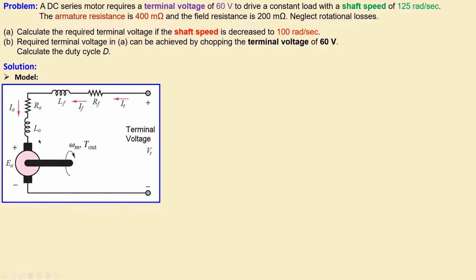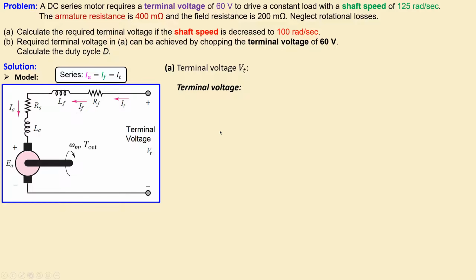Now, since this is a series DC motor, the armature current is equal to the field current, which is equal to the terminal current. That's the condition we have here. So let's look at the required terminal voltage when we go from 125 radians per second to 100 radians per second for our shaft speed.